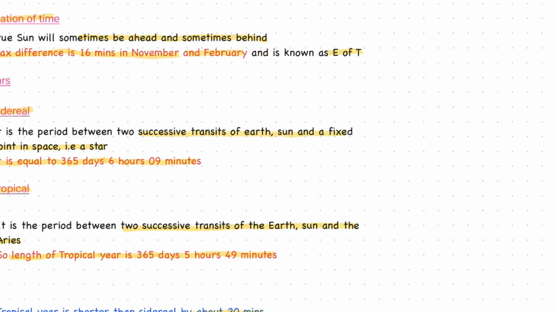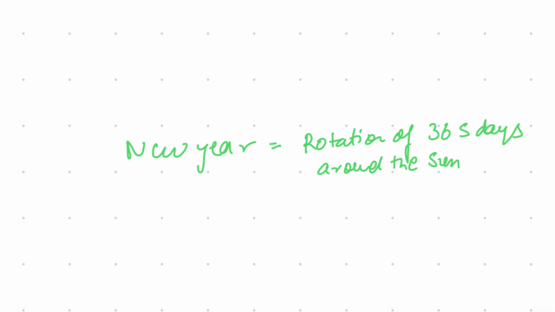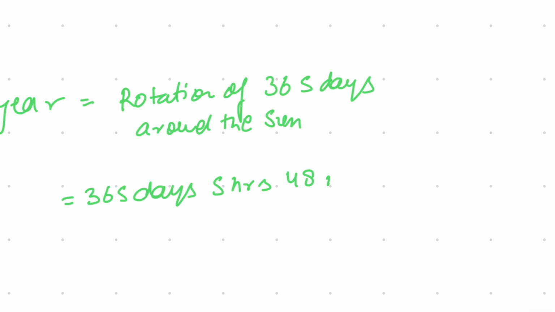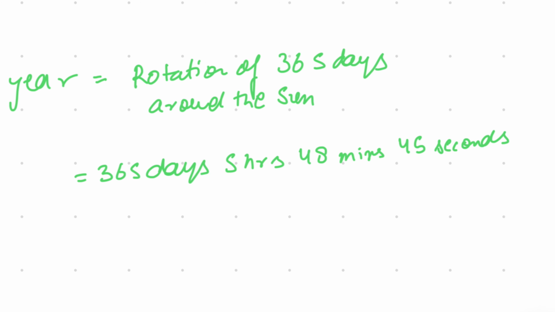For our reference, we celebrate New Year when Earth completes a revolution of 365 days around the Sun, right? But in real time it is equal to 365 days, 5 hours, 48 minutes and 45 seconds. But for our calendar reference, the civil year has 365 days, 5 hours and 49 minutes that we have studied.